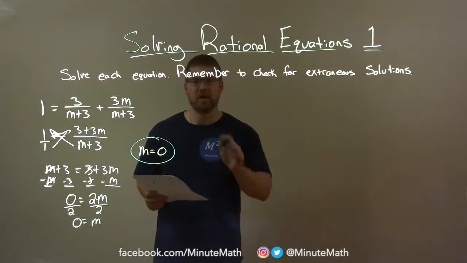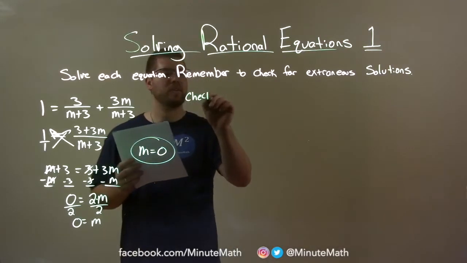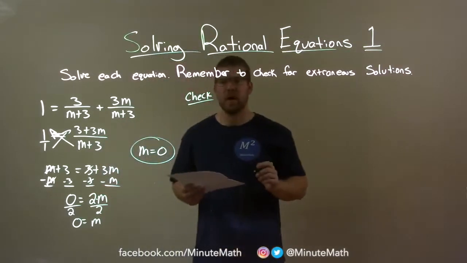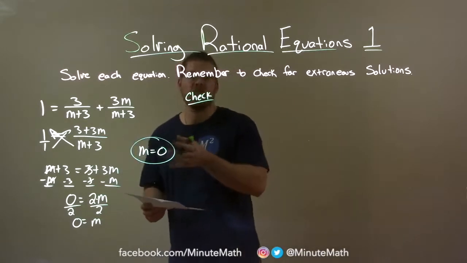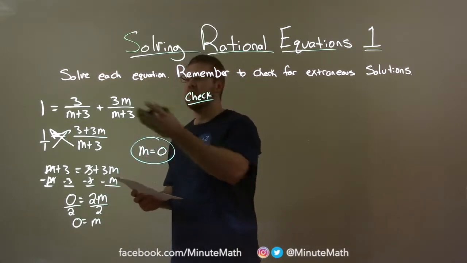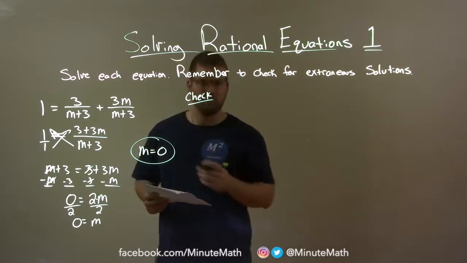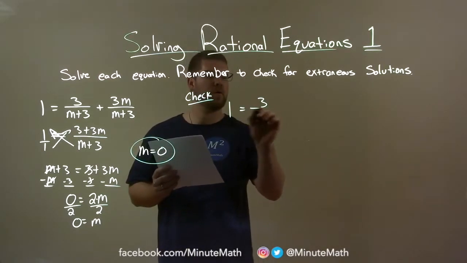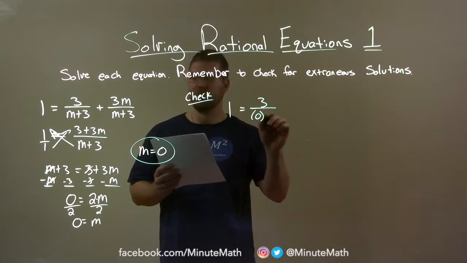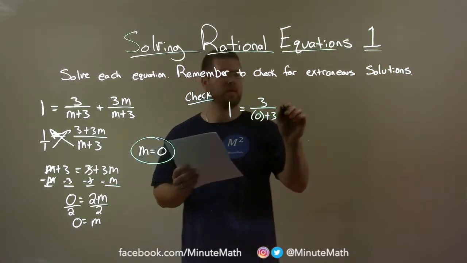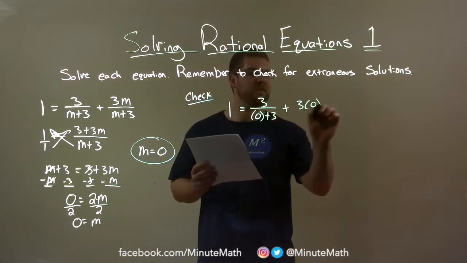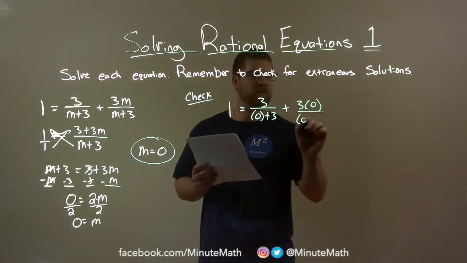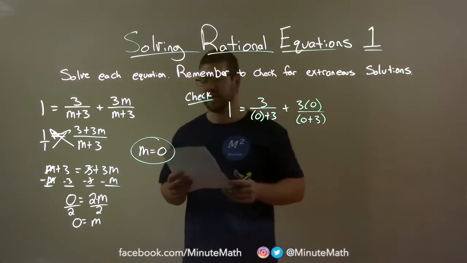Now they told us to check, so let's go check to see if this actually worked. Check for extraneous solutions. To check, we take our answer 0 for m, and we plug 0 in for every single variable in our original equation. So 1 equals 3 over 0 plus 3, plus 3 times 0 over 0 plus 3.